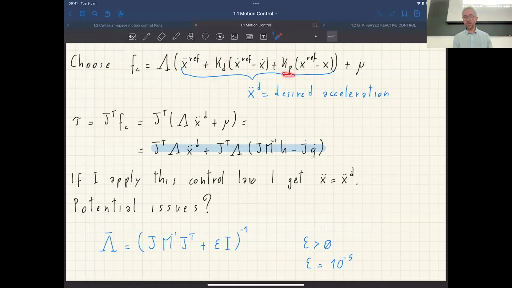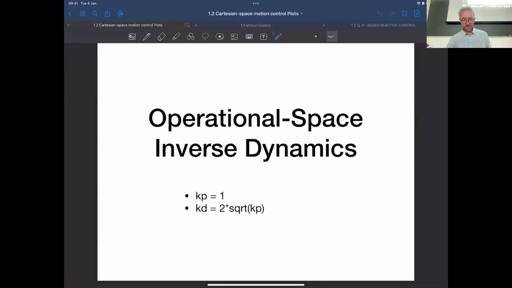And these two gains are very important for the resulting behavior of the system. So higher gains typically result in better tracking, but also a much stiffer robot behavior. And if we set them too large, typically that results in an unstable behavior. So we are usually limited by the control frequency of our controller and how high we can set them.